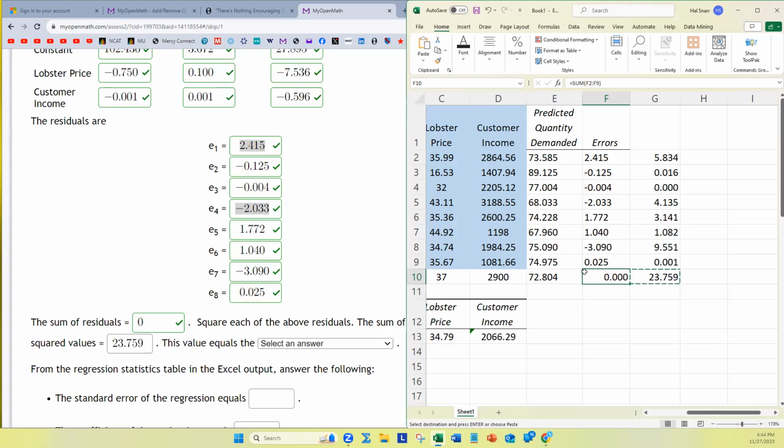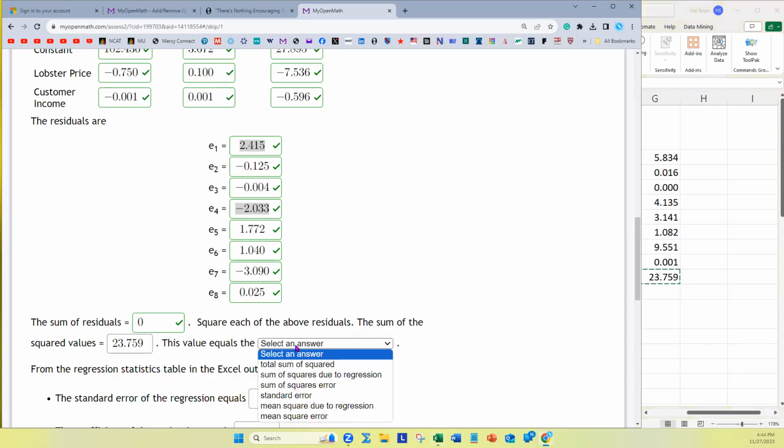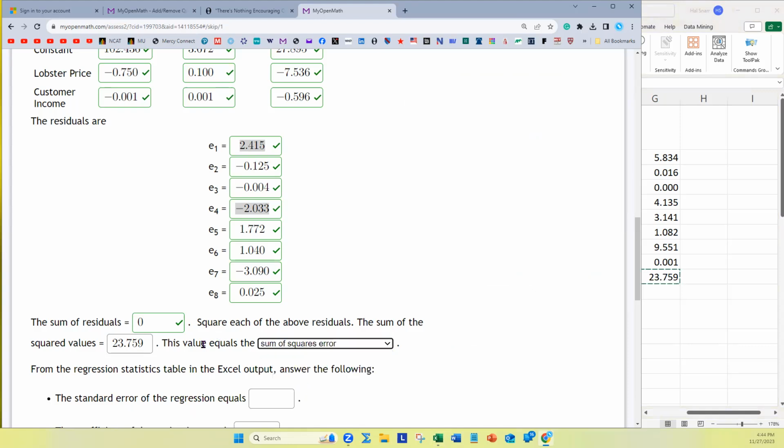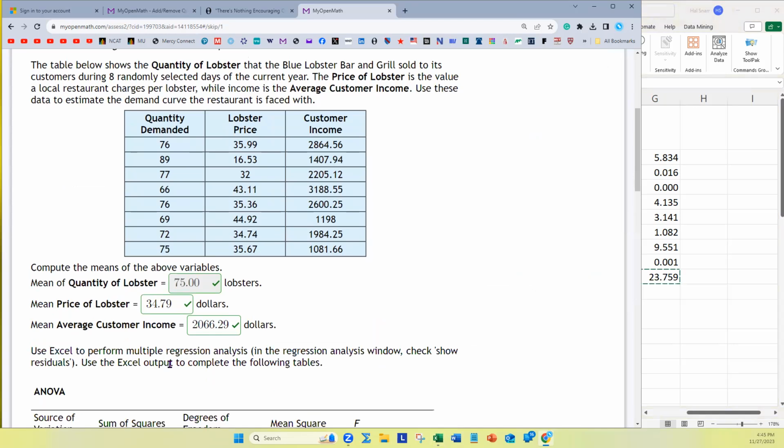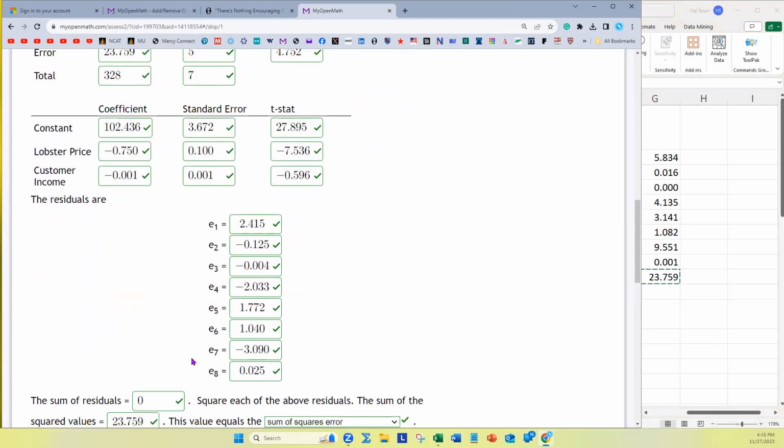We have error, but those errors collectively cancel each other out, right? And this value equals the sum of squares error, right? That's why we call it sum of squares error, right? We sum the errors that have been squared.